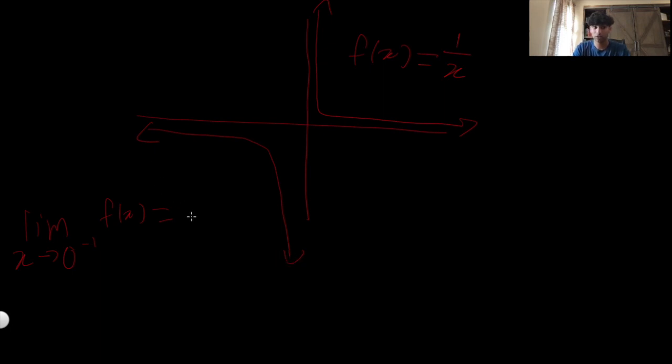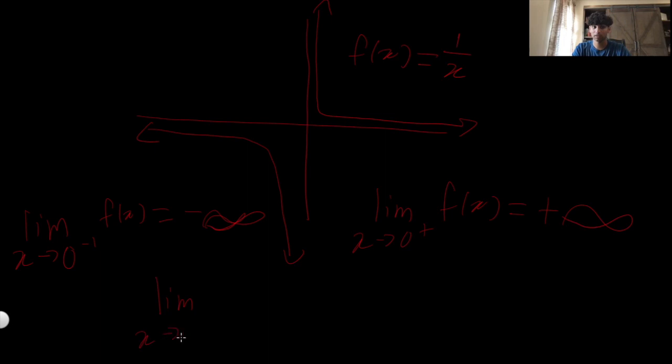So that's our actual answer, negative infinity. Okay? Now similarly, we can analyze another one-sided limit, 0 from the right side of f of x. Let's trace the graph again. Let's approach 0 from the right side once more. And this time we're actually shooting up to positive infinity.